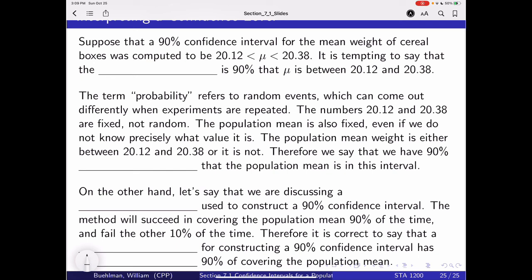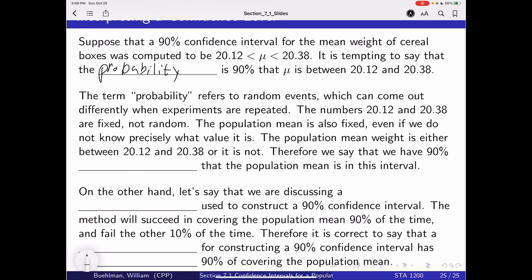Suppose that a 90% confidence interval for the mean weight of cereal boxes was computed to be 20.12 < mu < 20.38. It is tempting to say that the probability is 90% that mu is between 20.12 and 20.38.